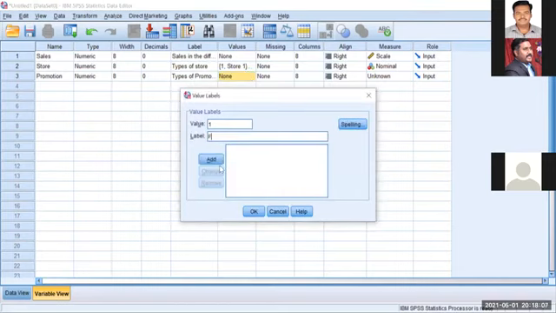Free sample. 1 is free sample. 2 is one pack gift. 3, what is that? 3 is cents off, and then the 4th one is refund. Sorry, refund by mail.